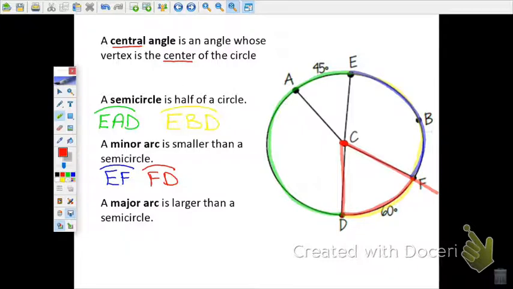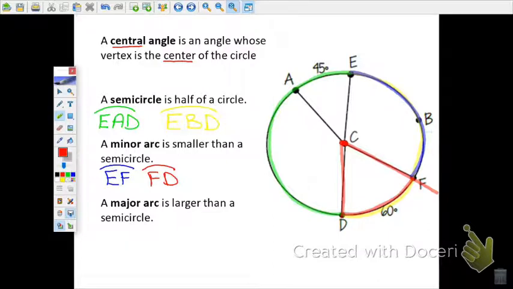So we can't name a central angle. Central angle only goes with that minor arc. A major arc, because it's larger than the semicircle, we need to use 3 letters. So just like a semicircle, we're going to use 3 letters.